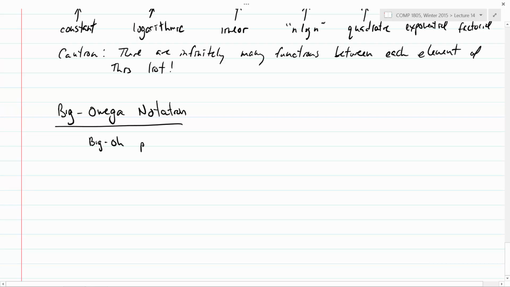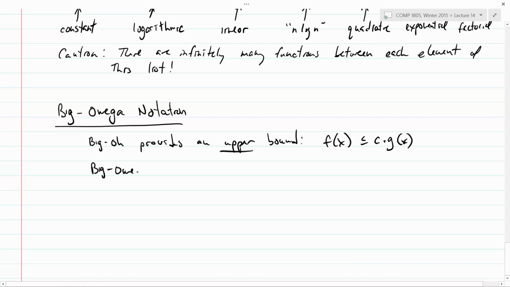I know it's an upper bound because it's something like f(x) is less than or equal to c times g(x). Right? So I have an upper bound for f. It's c times g(x). Big omega provides the opposite. It provides a lower bound.